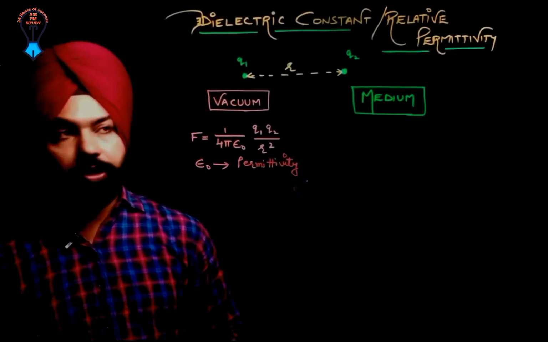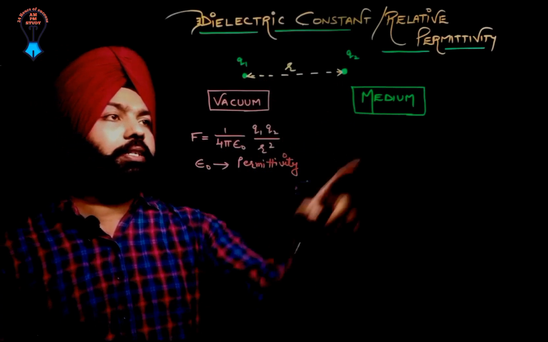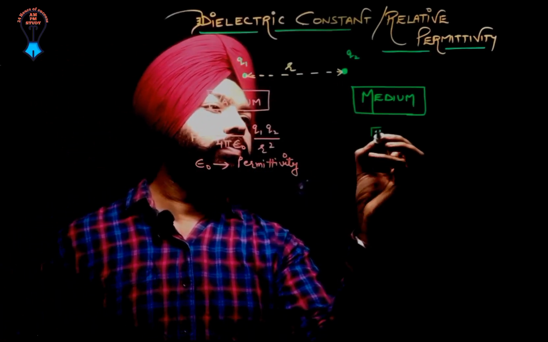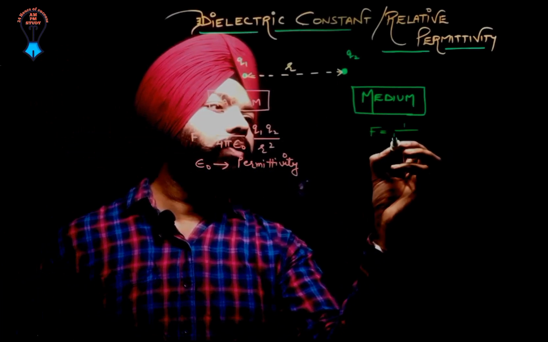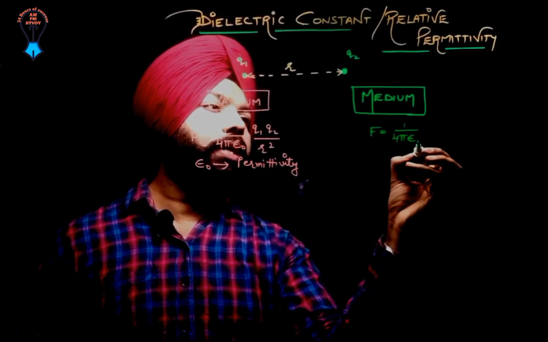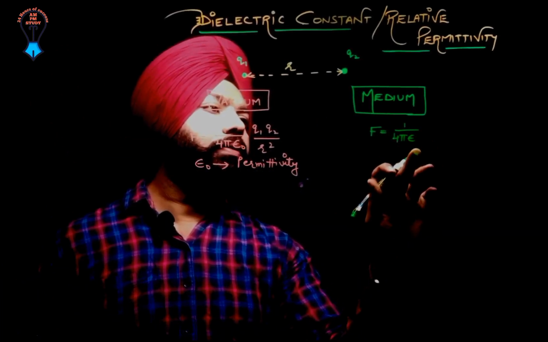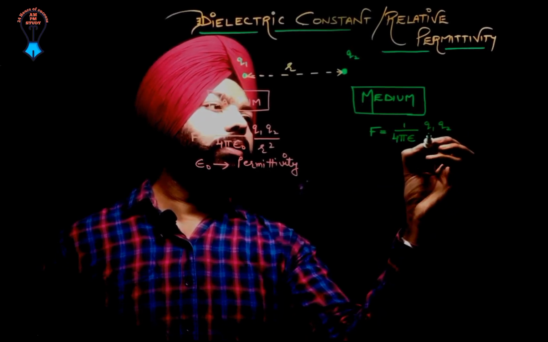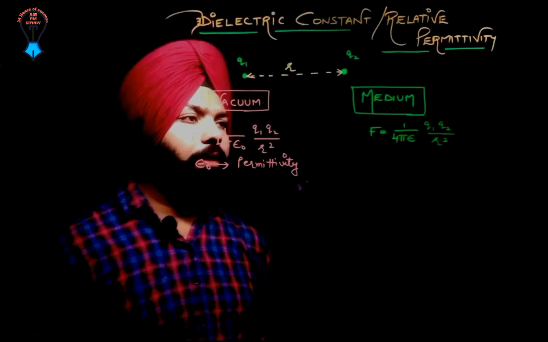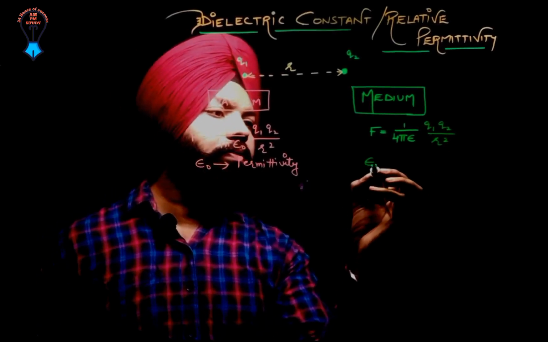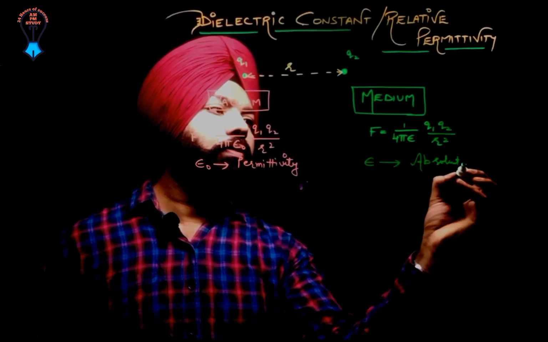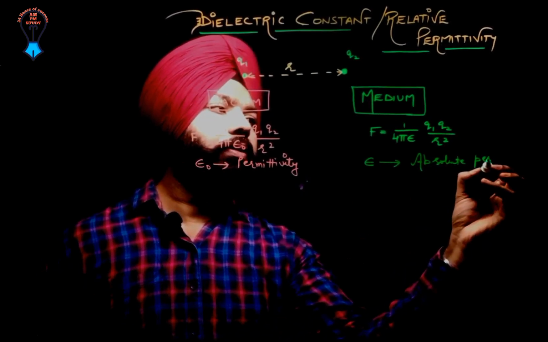And if these two charges are placed in some medium, then force will be 1 by 4 pi epsilon Q1 Q2 by r square. Here epsilon is absolute permittivity.